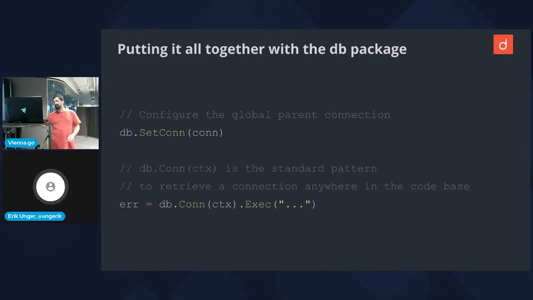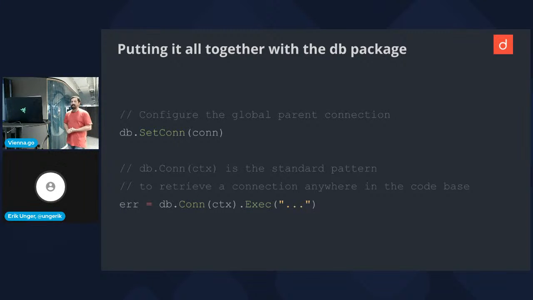And so yeah, if you put that all together, we have a sub package, it's just called DB to make it short, and that sub package you can configure with a global parent database connection, and you can retrieve that using the dbcon. We try to make it short to type from a context.